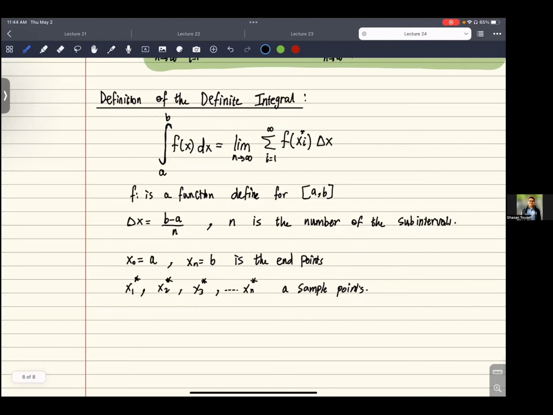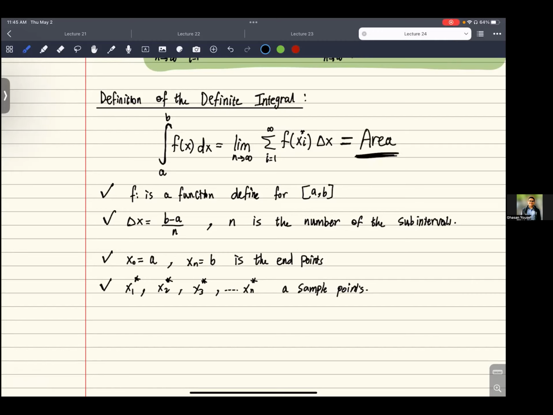Okay. Number 1, number 2, number 3, number 4. So what is the integral? It's the limit of the sum. What does that mean? It's the area.